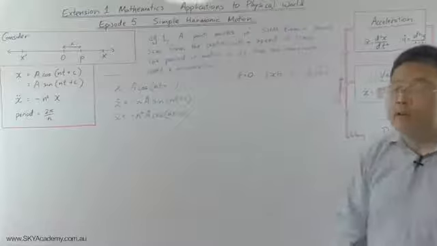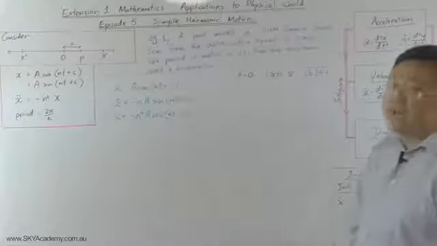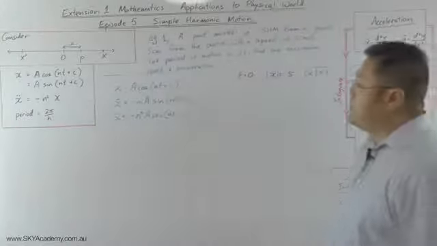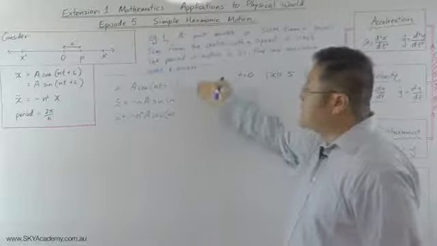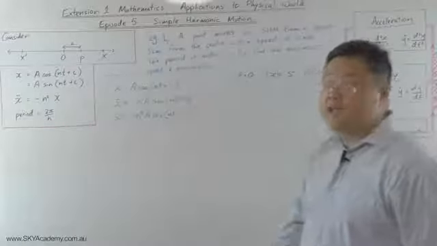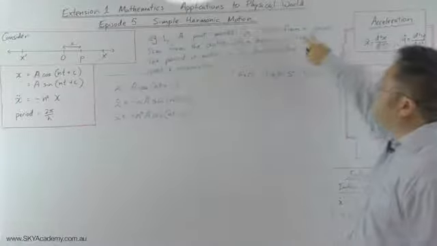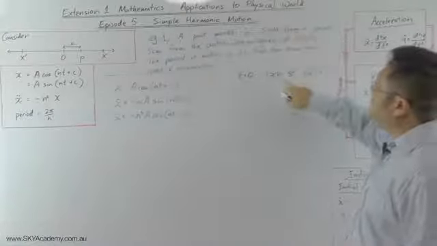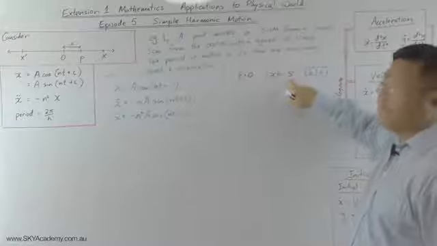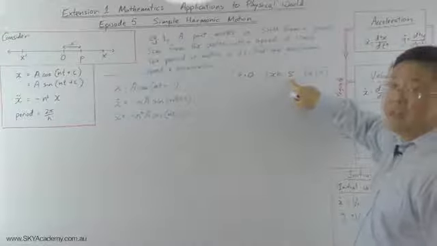Got it? Okay. Now, what else can we ascertain from this question? The fact that it's simple harmonic motion means that it follows that set of functions. We also know that it moves from a point 5 centimeters from the center, right? And we don't know whether it's right, left, up, down.